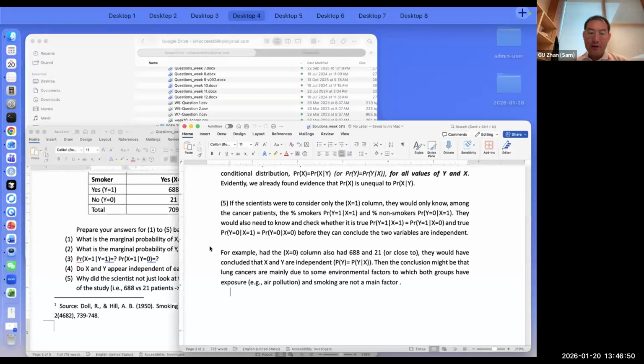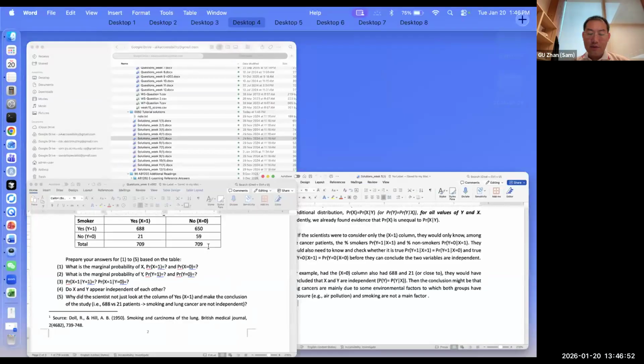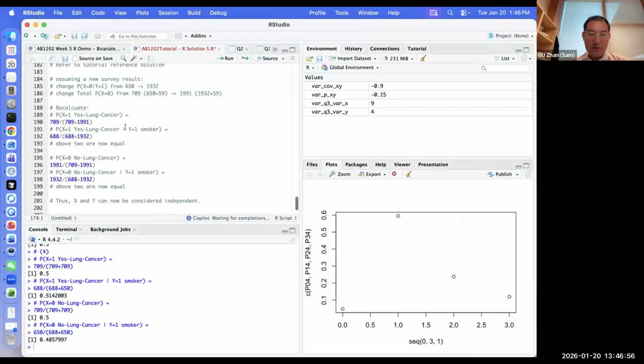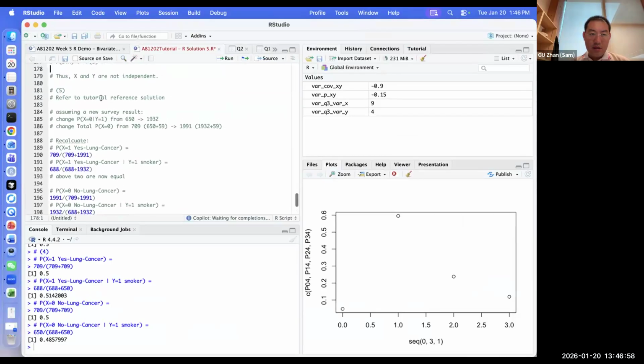Okay, so I have a small variation for you. We are going to change a few numbers. These are bonus. Assuming a new survey result, change the number of smokers not getting lung cancer from 650 to 1932.